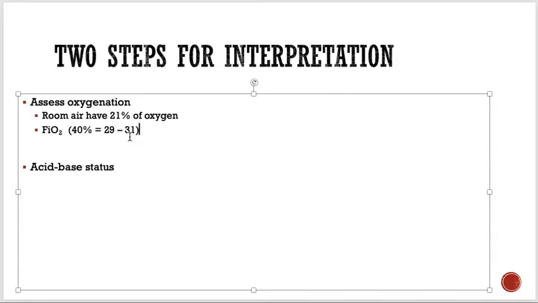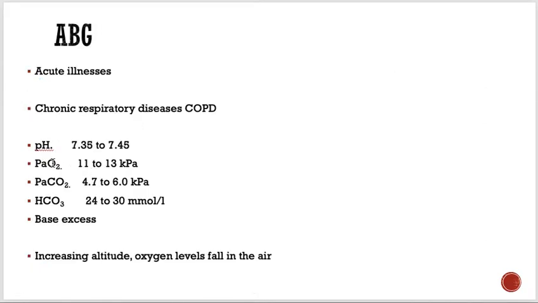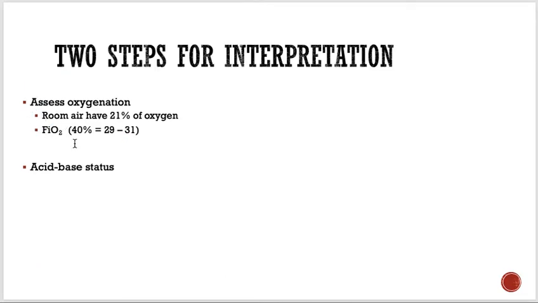So for example, if you started giving someone 100% oxygen, the person is normal, the person has healthy lungs, and I started giving him 100% of oxygen, how much will be his blood level of oxygen? Around 89 to 91. Okay, so remember, it's a rule of thumb that the expected partial pressure of oxygen, or the level of oxygen in the blood, is roughly 10 points less than the fraction of inspired oxygen, right?